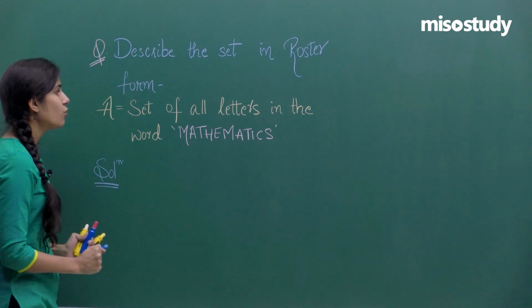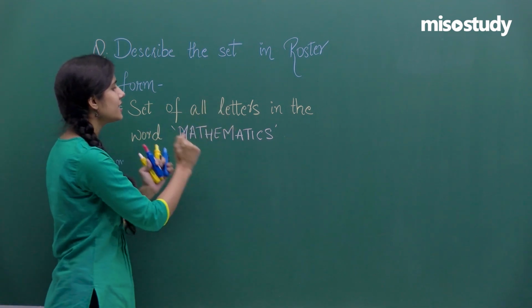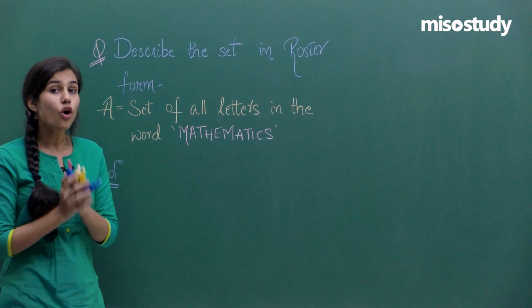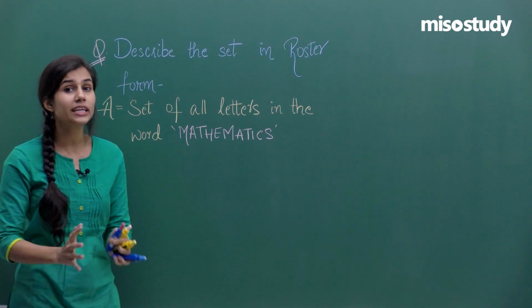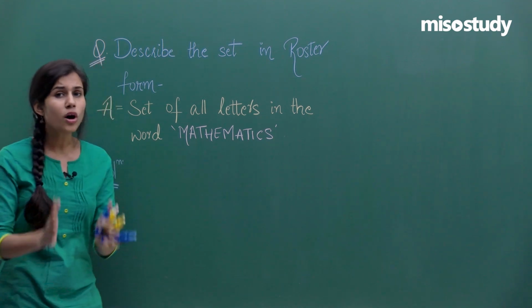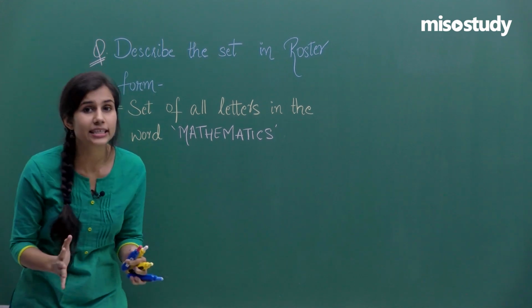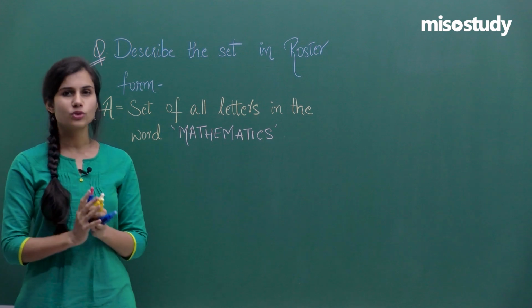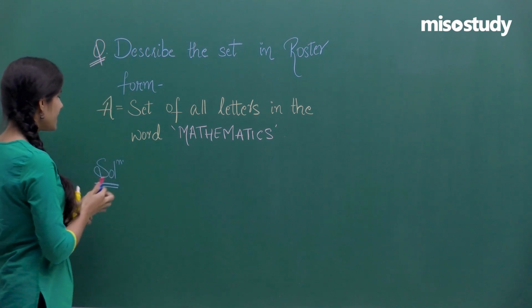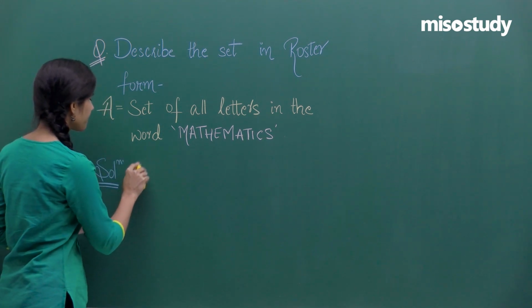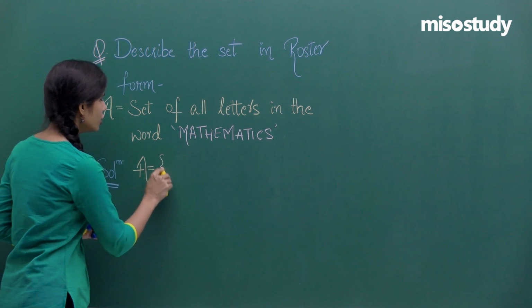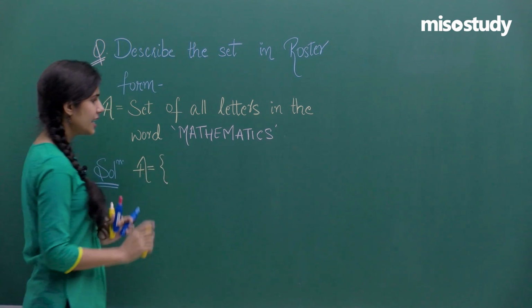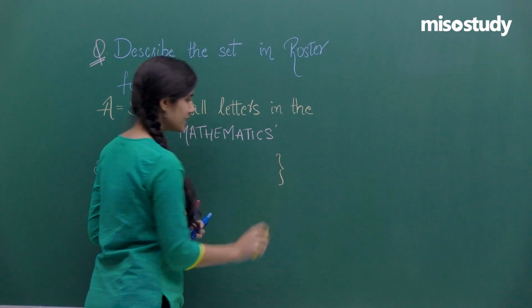Now, once you know that you have to collect the letters in the word mathematics and that the description has to be in roster form, what was the technique told to you in order to write a set in the roster form? The very first task was to start your brace and end your brace.